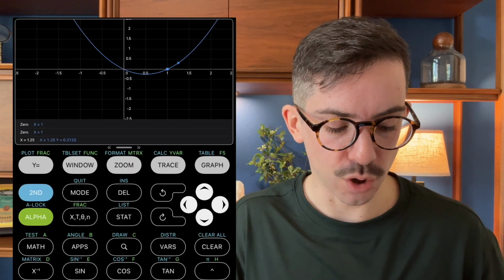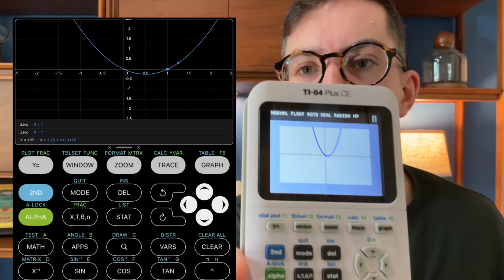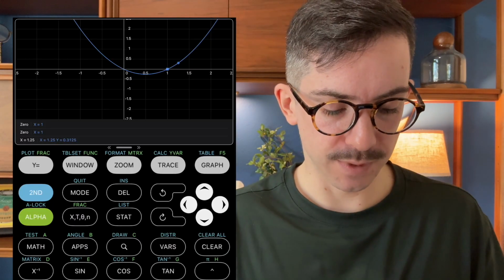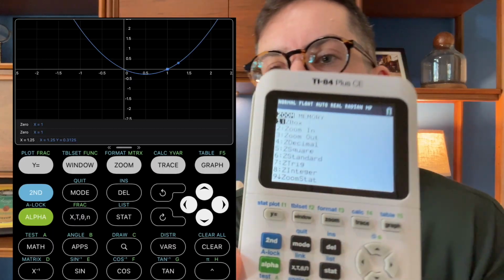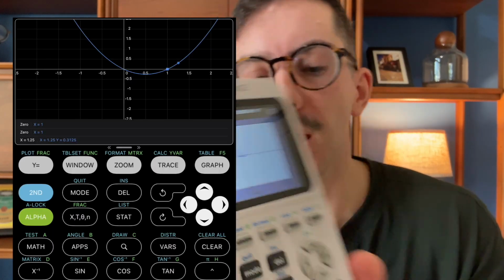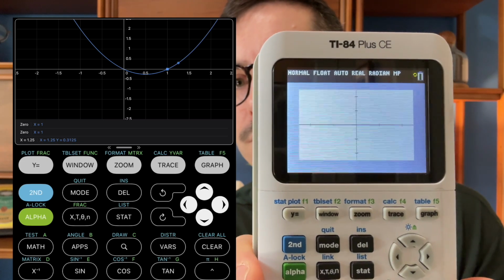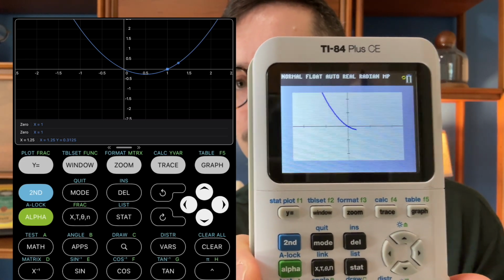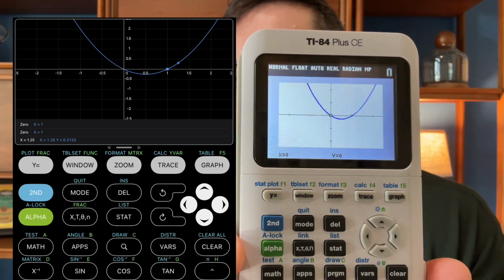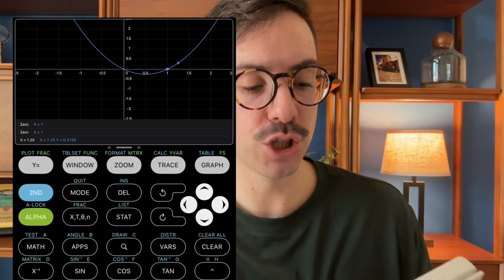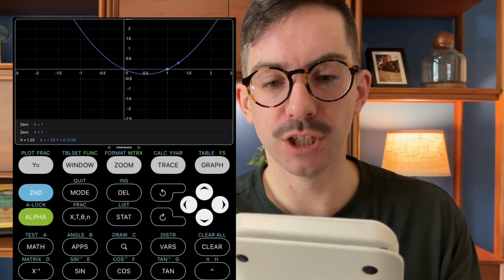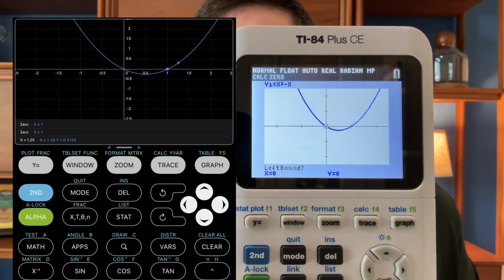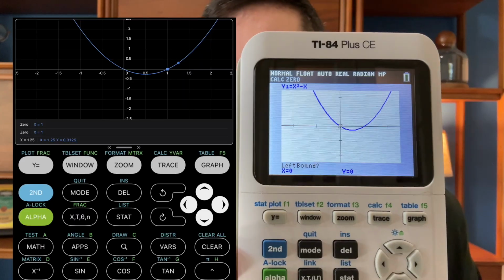If I'm doing this on my physical calculator, okay, let me zoom in. So I'm going to hit zoom 2 and then enter. Okay, I've zoomed in a little bit now. That's nice. So now again, I'm going to do second trace to bring up my calculate menu. I'm going to hit 2 for 0, and again, it's asking me for a left and a right bound.